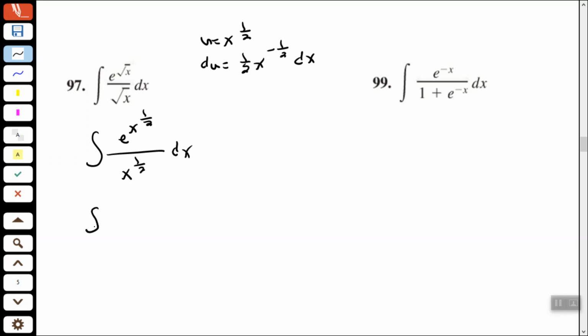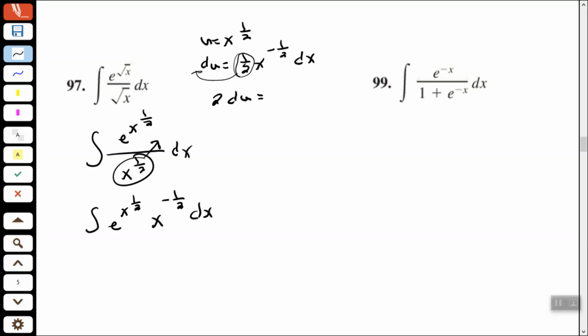So let's go back down here and move this x to the 1/2 up and change the sign of that exponent, like so. So now the only thing I need to do is multiply both sides by 2 to move that 1/2 from over here to the other side of du.